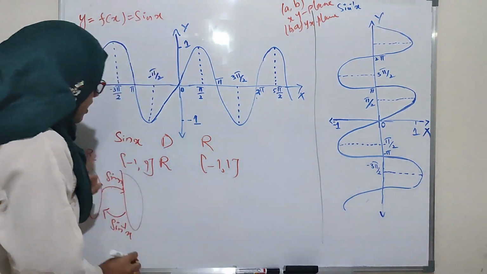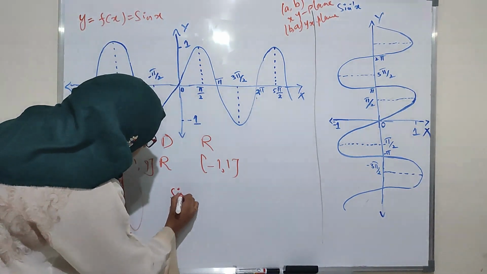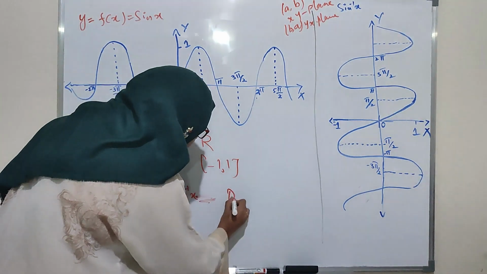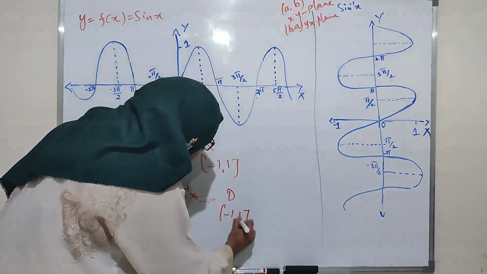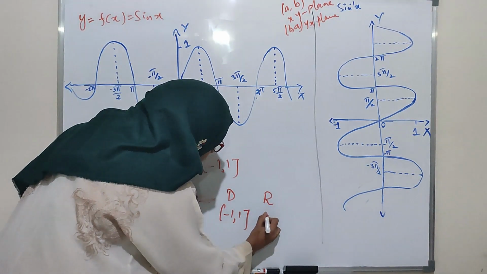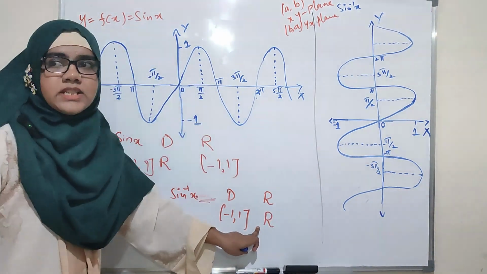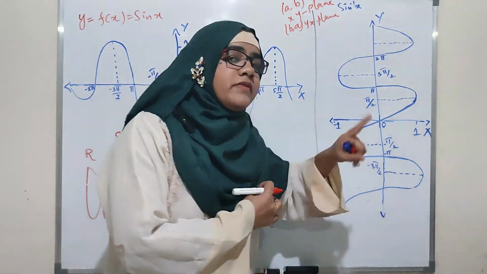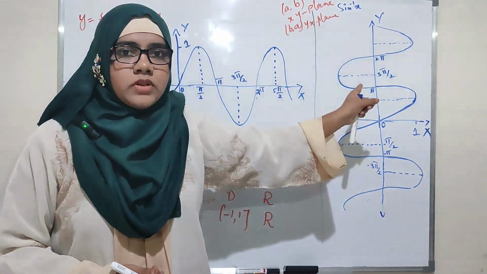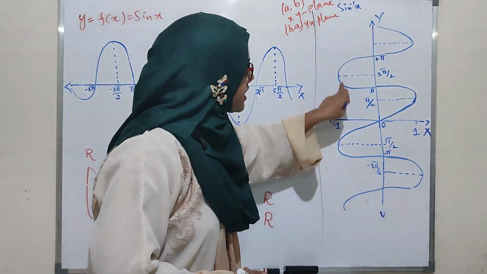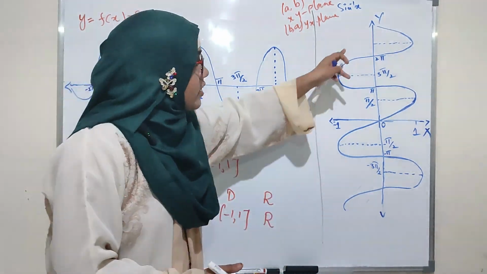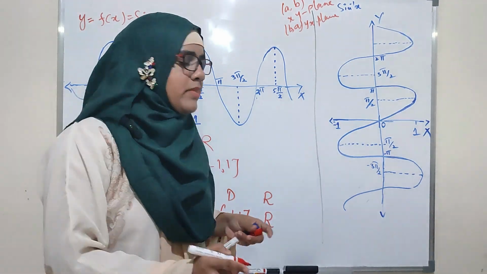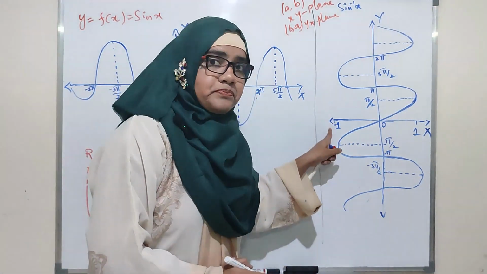Okay, so for sin inverse of x, what will be the range and domain? Domain will become -1 to 1, and range is the set of real numbers R. Okay, if we take this, then this function will still not be one-one, because on the y-axis we have different values, so for different values we will have the same image, 1 and -1.